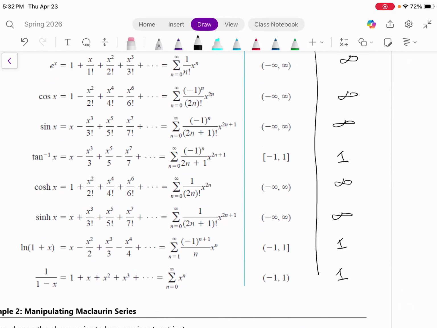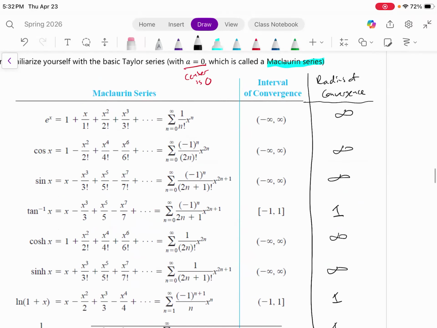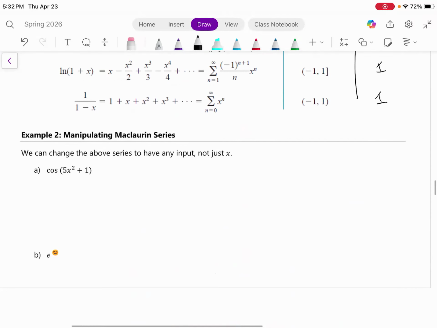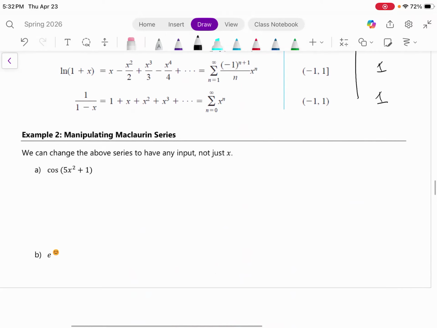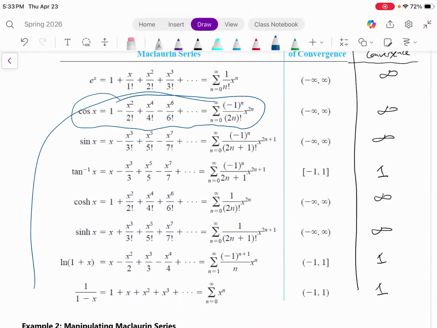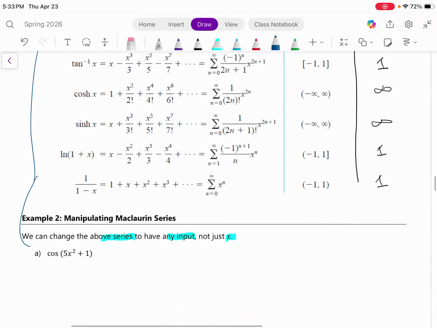Just a little bit of background for Maclaurin series. One thing to practice and refamiliarize ourselves is to try to manipulate some of these. We can change the above series to have any input, not just x. If we have cosine of 5x squared plus 1, we can use this series and just input 5x squared plus 1.